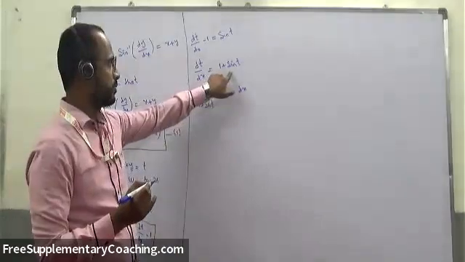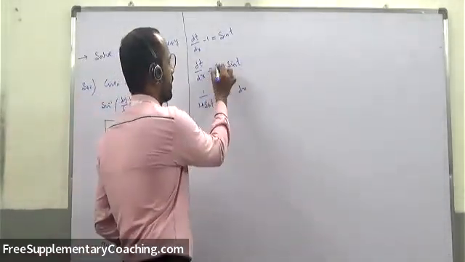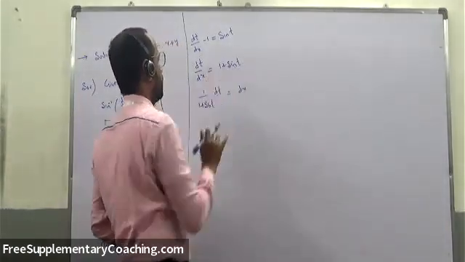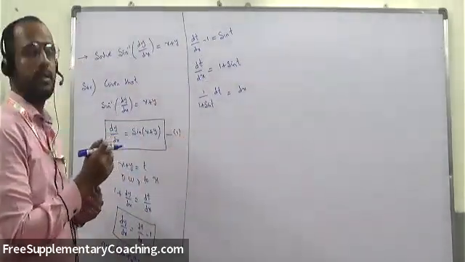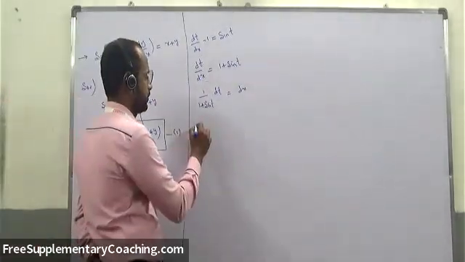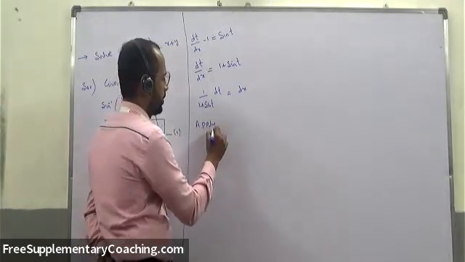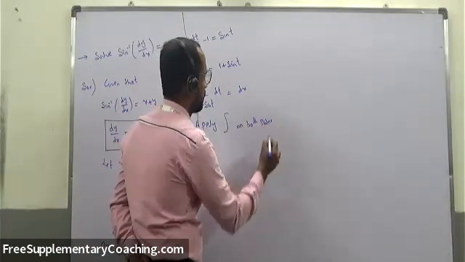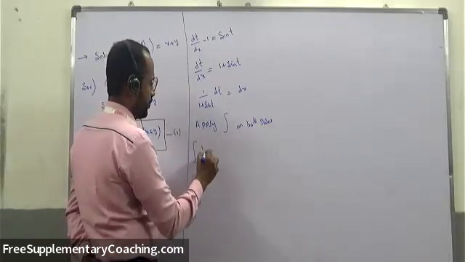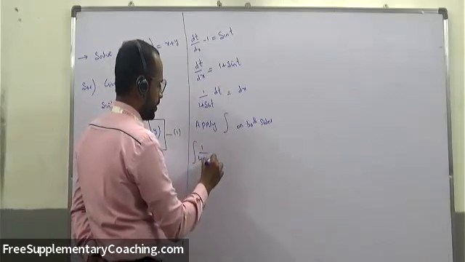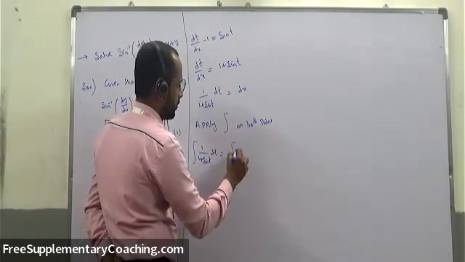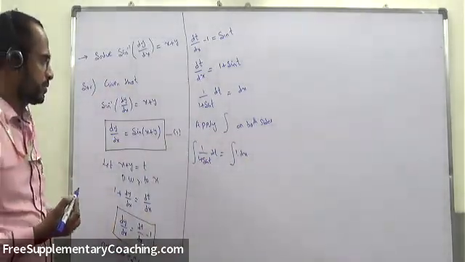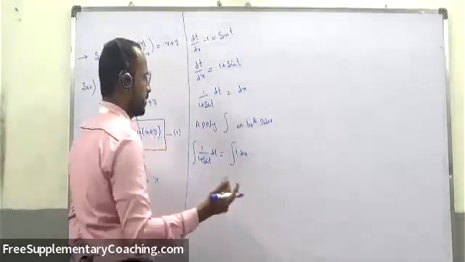I have taken this term, and I can write it as into 1 also, so it comes in division here. Now apply integration on both sides. Integration of 1 by 1 plus sine t into dt is equal to integration of 1 into dx, which is x plus c.